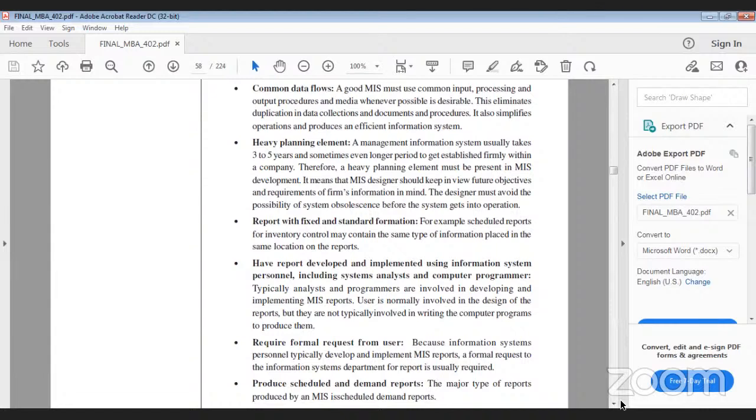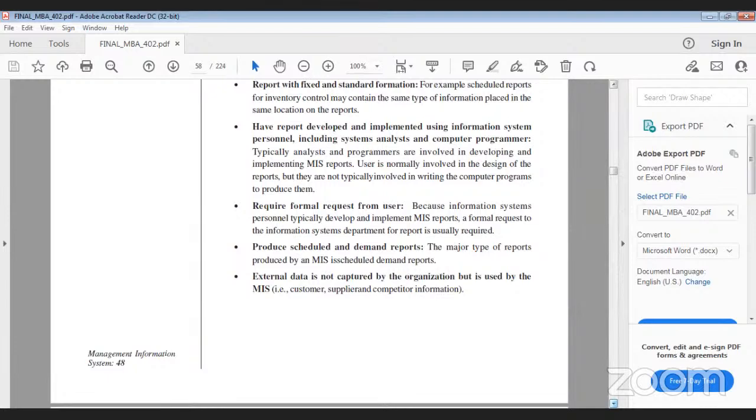Users are normally ignored in the design of the reports, and they are not typically involved in writing the computer programs to produce them. A formal request to the information system department for a report is usually required.